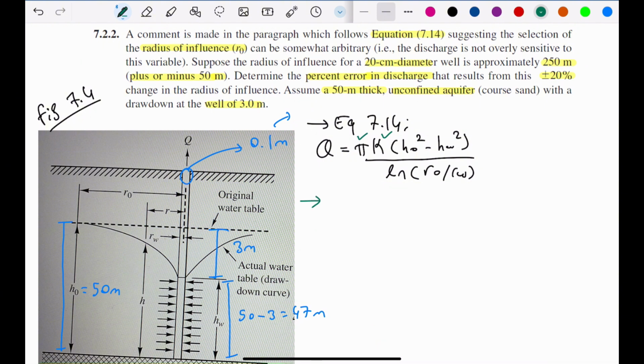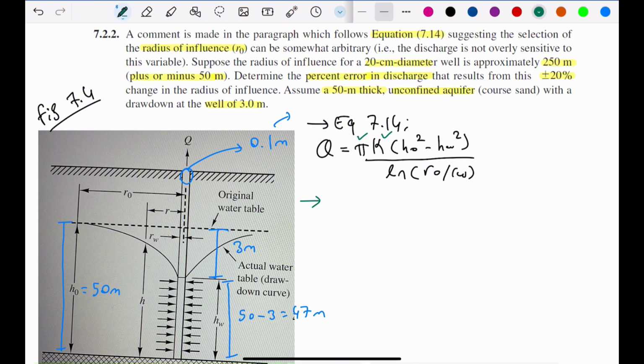So first, let me write it right here for the first change. So let's say we are dealing with plus or minus 50 meters of 250.